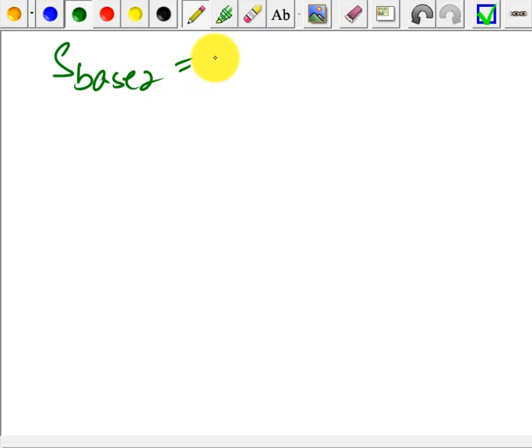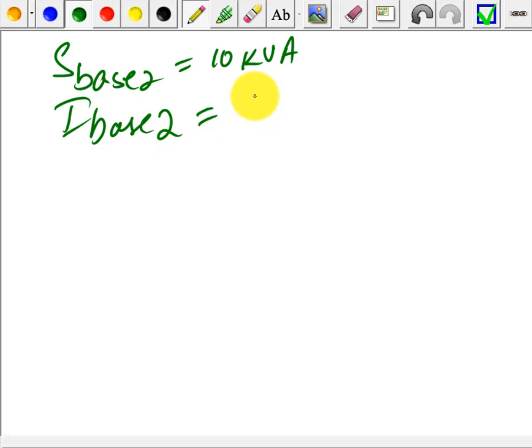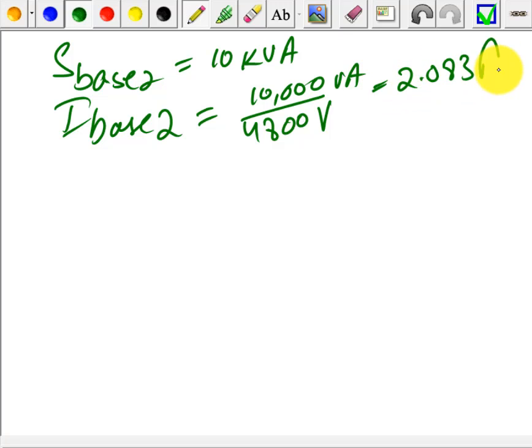As we know that the apparent power stays the same, that will be the same 10 kVA. And I base 2 will then be 10 kVA or 10,000 VA divided by 4800 volt, because we have the V base 2. So that will be approximately equal to 2.083 ampere.